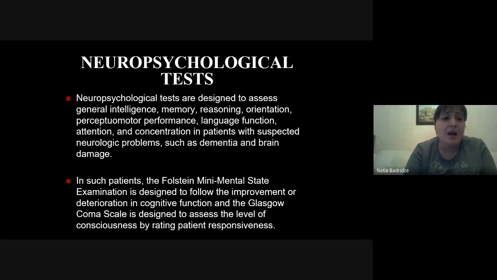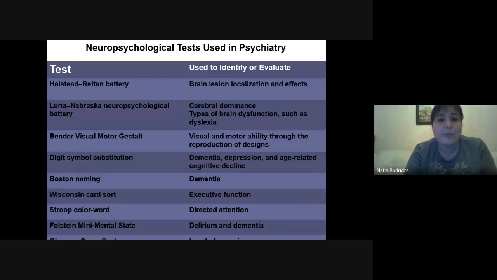And another type of test that we are using is the Glasgow Coma Scale, which is designed to assess the level of consciousness. Here you can see the different tests that are used in psychiatry.